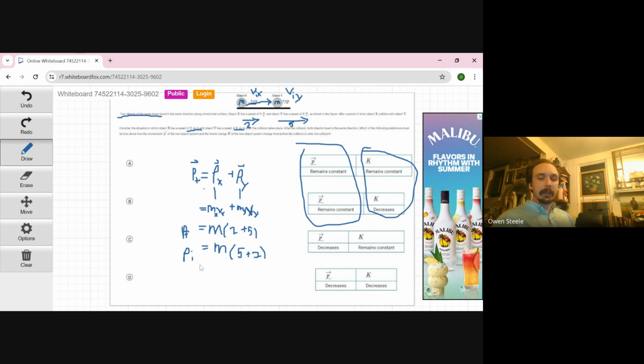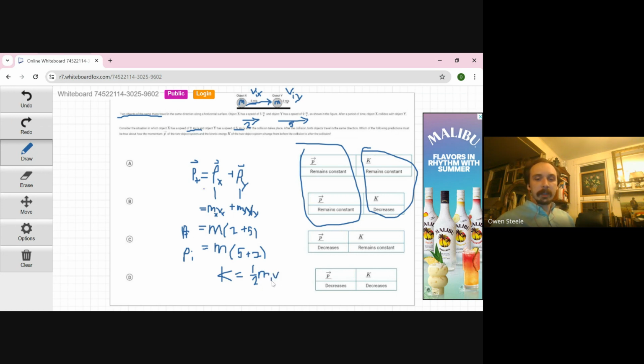Just remembering that the K initial and the K final will be equal to this equation: the 1/2 m v squared of one object plus the 1/2 m v squared of the other.